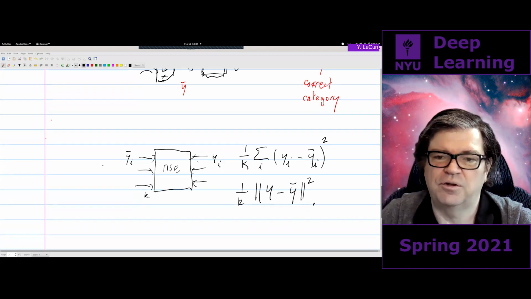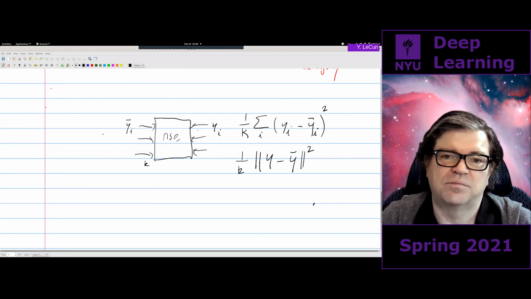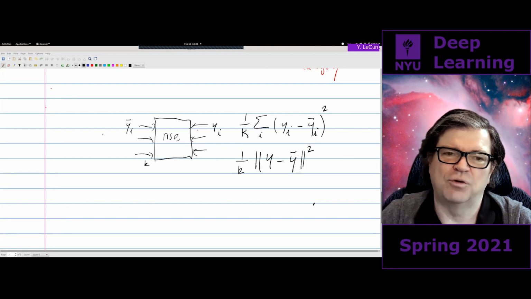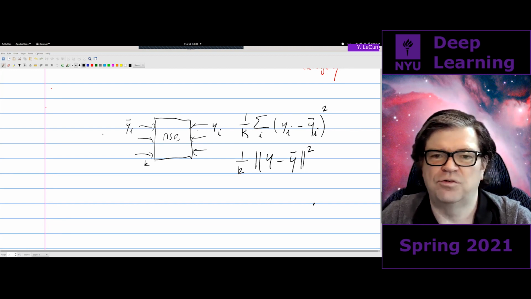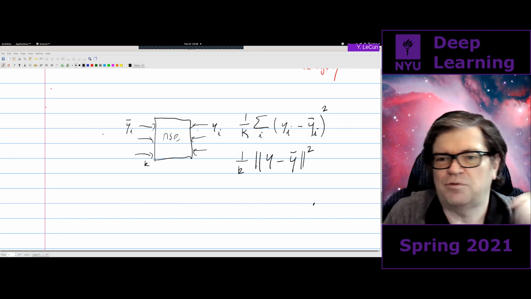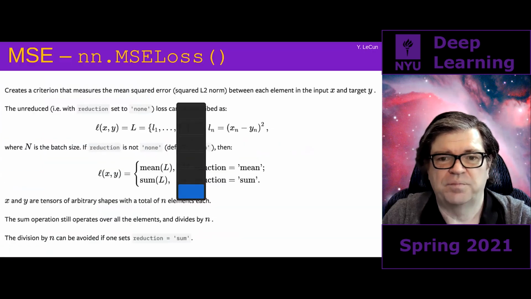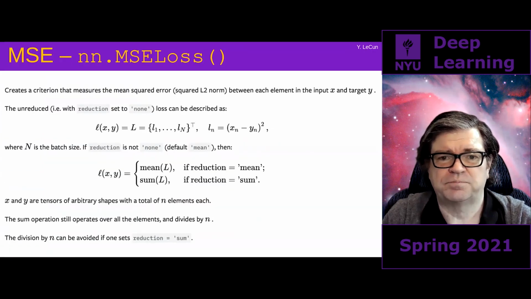So it's really the Euclidean distance averaged over components. If you're doing regression, so basically if your neural net is trained to produce continuous values of some kind, not classification, but regression, that's a perfectly good cost function to use. Very simple.